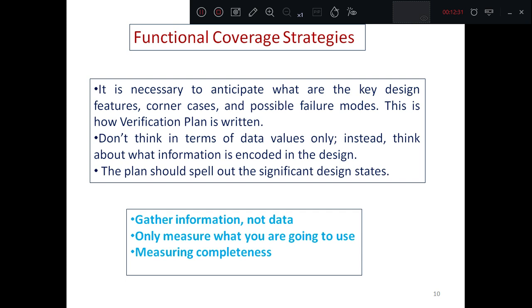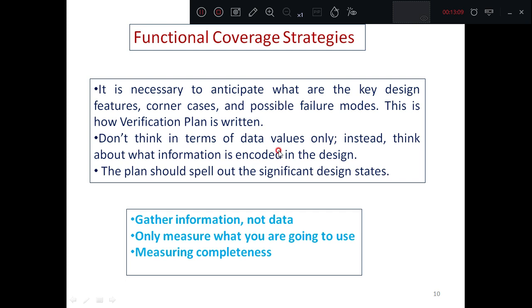What are the functional coverage strategies? It is necessary to anticipate the key design features, corner cases, and possible failure modes. All these are very important and are to be anticipated. This is how a verification plan is written. The verification plan has to cover all these parameters: design features, corner cases, as well as possible failure modes. Those are to be anticipated beforehand.